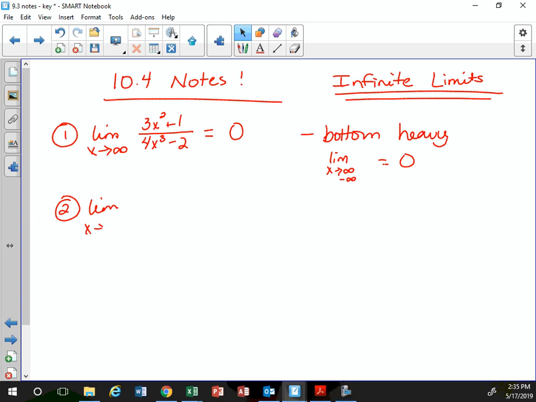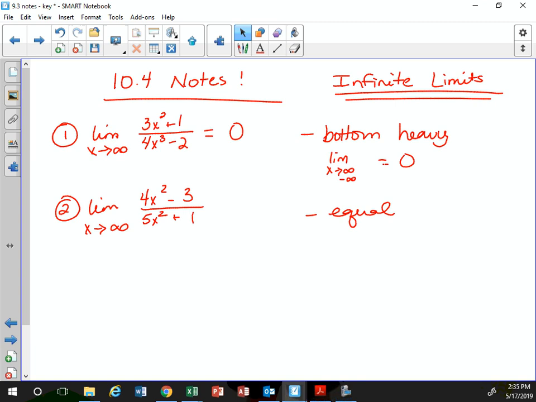So let's look: what if the limit as x approaches infinity of 4x squared minus 3 over 5x squared plus 1? Top heavy, bottom heavy, or equal? Equal. When they are equal, remember what we did? Divide the coefficients.